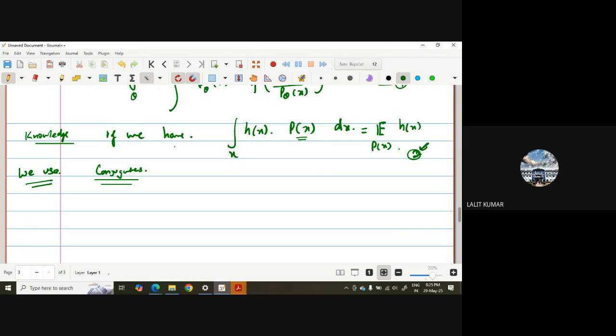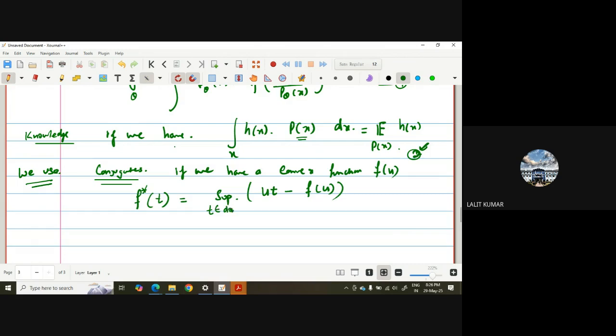If we have a convex function f(u), then its conjugate f star t is equal to the sup, or supremum, over u in the domain of u, of ut minus f(u), where t ranges over its own domain. Okay, so this is the first conjugate.